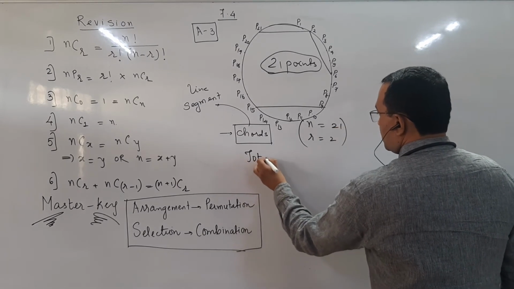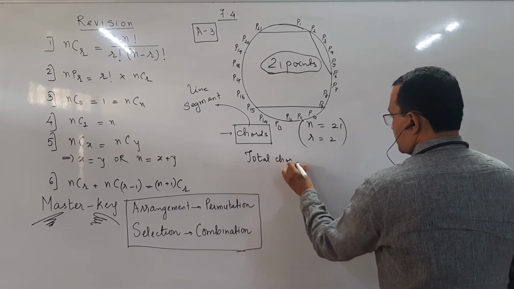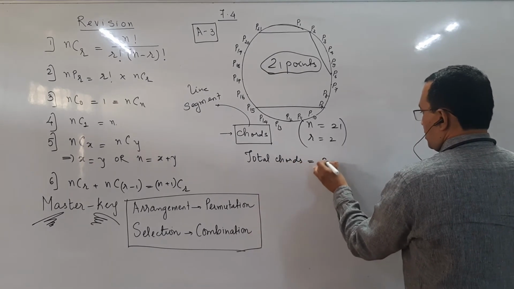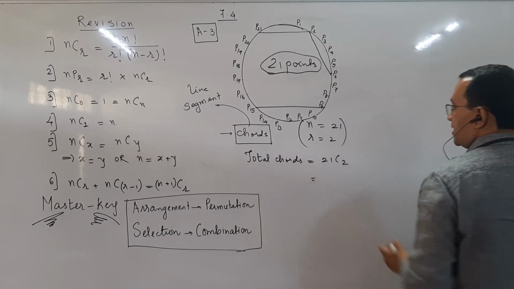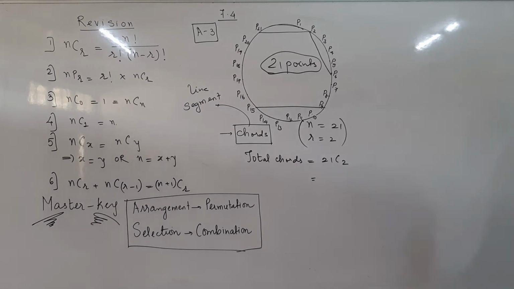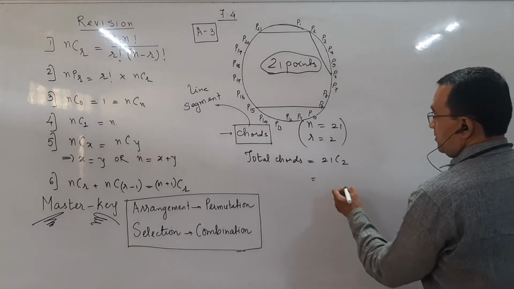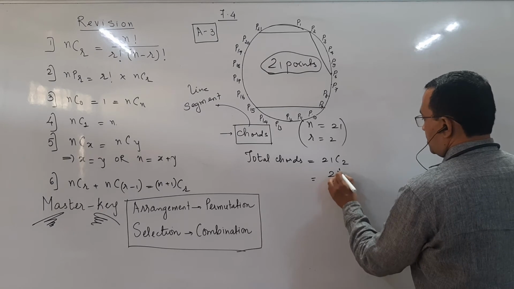So from 21 points, any 2 points can be selected in 21C2 ways, and those selections are equivalent to the number of chords formed. So how many chords using the given 21 points can be formed? Then the answer is 21C2. So if I simplify, this will be 21 factorial.